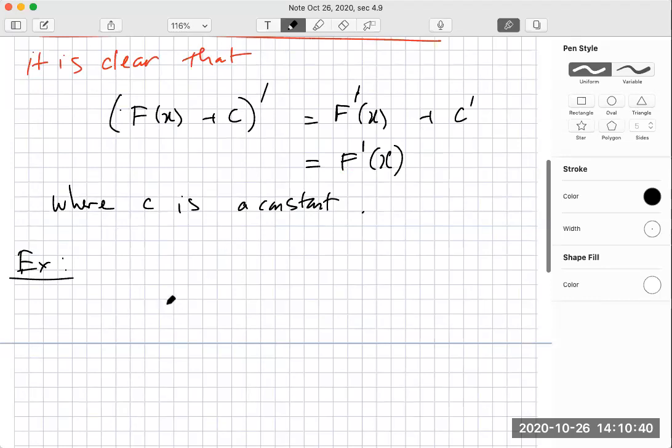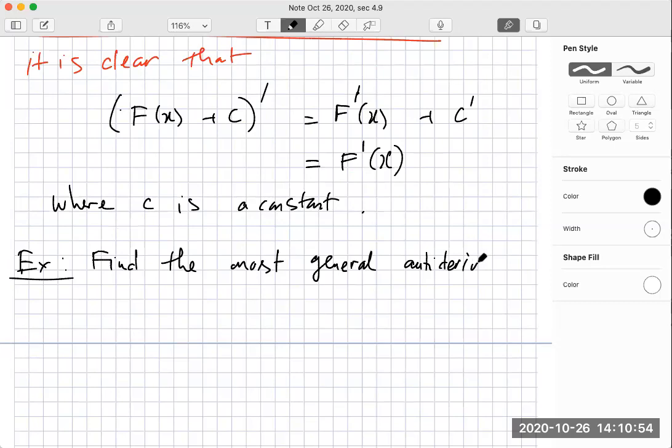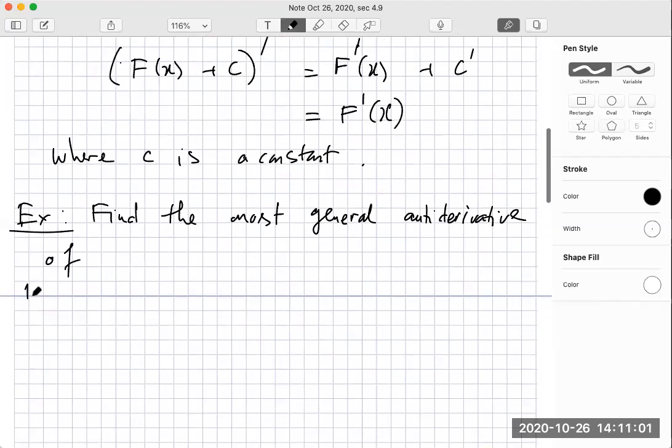Find the most general antiderivative of f of x, which is given as x squared minus 3x plus 1.